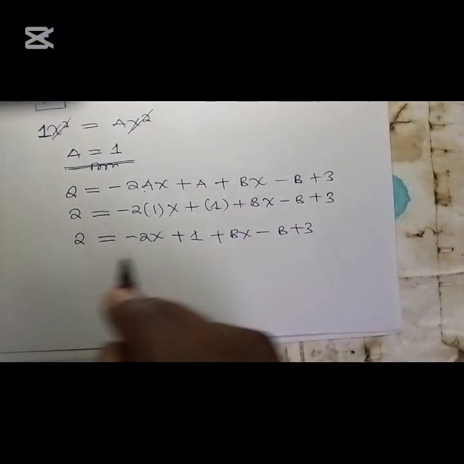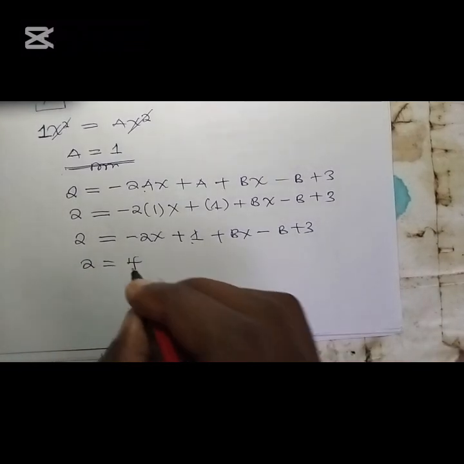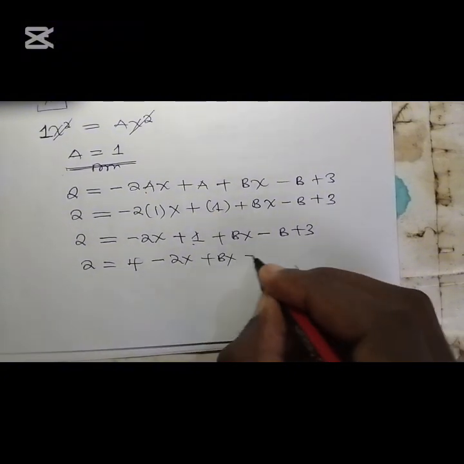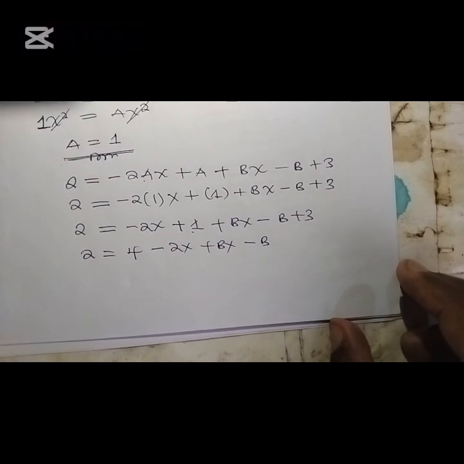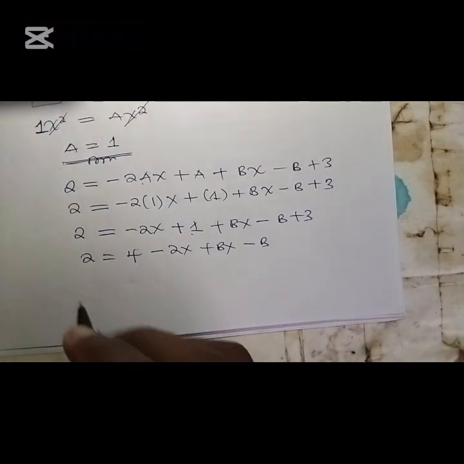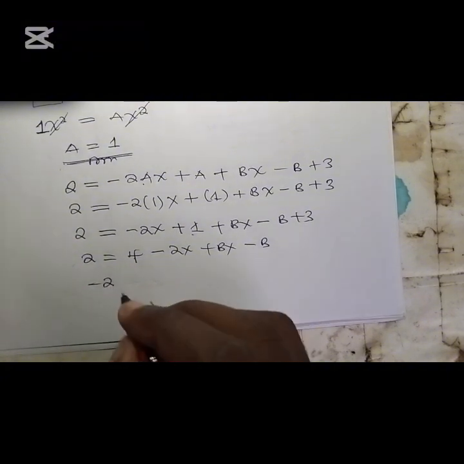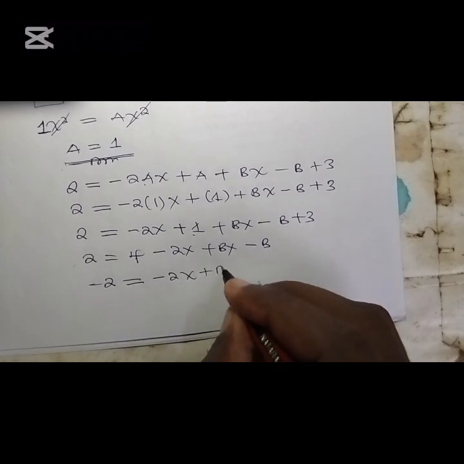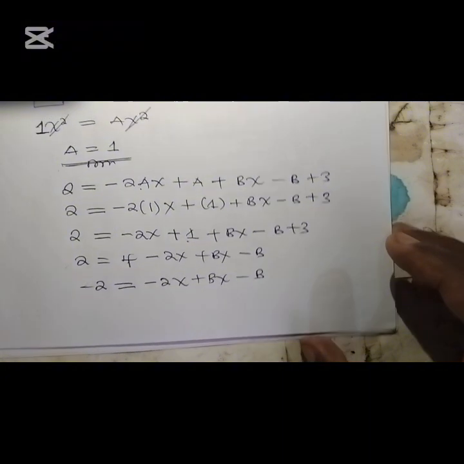Okay, then here we are going to have 4, then minus 2x, then plus bx, then minus b. If you take this one that side, it will be minus 2, which is equal to minus 2x, then plus bx, then minus b, like that.